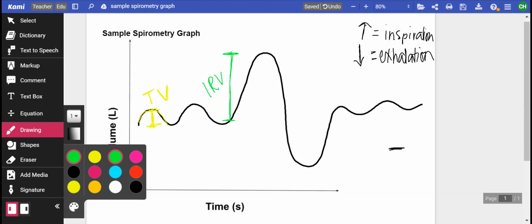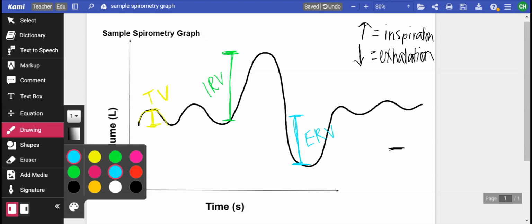If inspiration is when this graph goes up, the very highest peak is the most amount of air, the biggest amount of air that you could breathe in at any given time. So if you had to guess what this range is, it's the amount of air that you can absolutely breathe out. And we call that the expiratory reserve volume, because guess what? It is what you can expire. It's the total reserve volume that you have that you can push out at any given time.